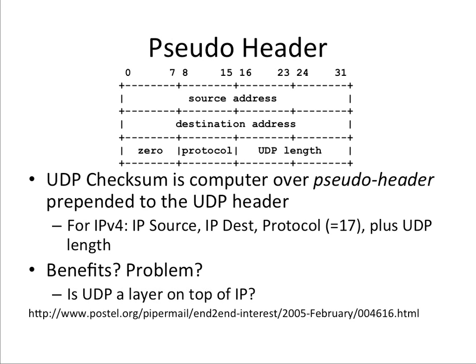Yeah. So there's a very interesting email written by one of the networking researchers from a while ago that talks about this particular phrase, what is a pseudo header, and why it exists. Just to summarize, the pseudo header has two fields in addition to what I showed earlier. Can you tell me what they are?